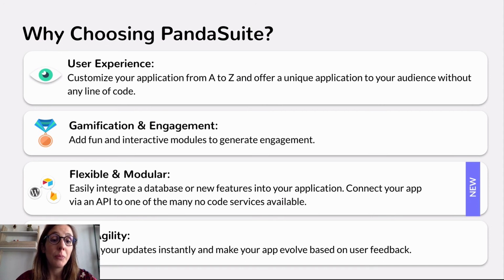The last point is to gain agility. We are in a fast-changing world and you are required to create apps quickly and to update them easily based on user feedback. So PandaSuite gives you total control and instant updates to keep control of your app throughout the development process.